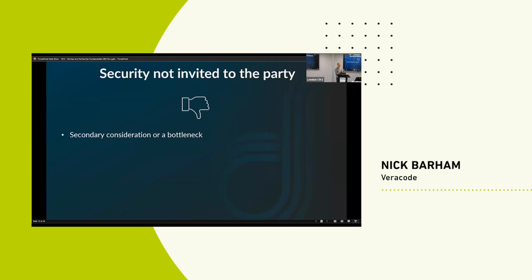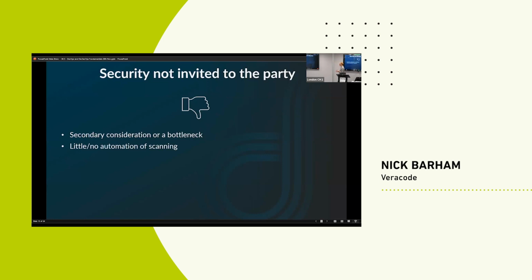So when security became a consideration for these DevOps teams, it was very much a case of, well, you now want to do manual processes, or you want to perform some kind of security check, and this isn't keeping pace with this release velocity that we've become accustomed to. So you have this point whereby the perception of security is that it is almost a secondary consideration or a bottleneck, something preventing those teams from actually getting their product released and into the hands of end consumers.